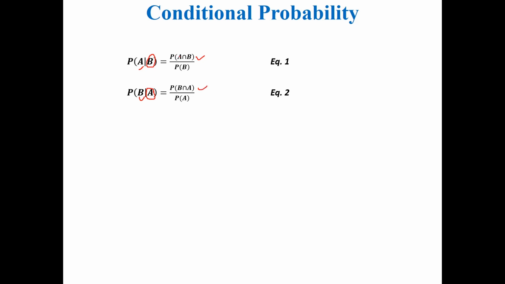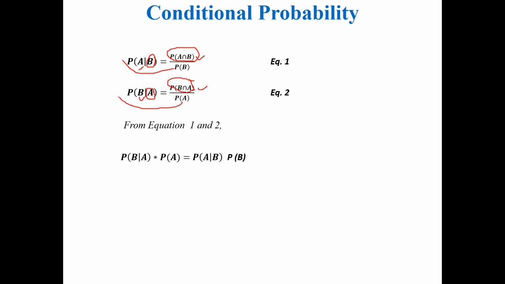We can write probability of A intersection B or probability of B intersection A. So from equations 1 and 2, since the two numerators are the same, we can take the probability of B to the left hand side and the probability of A to the left hand side in equation 2.